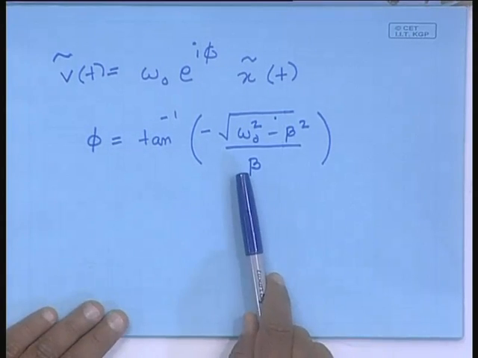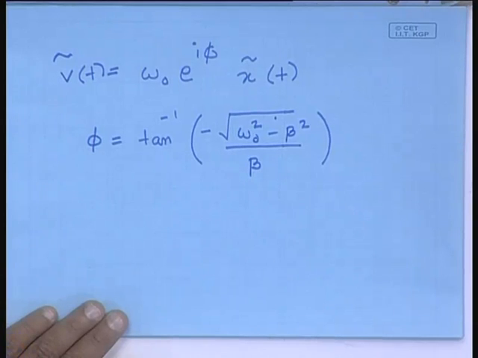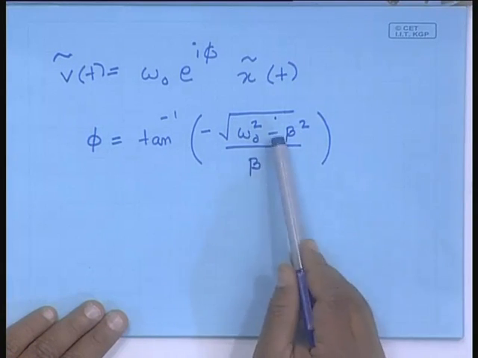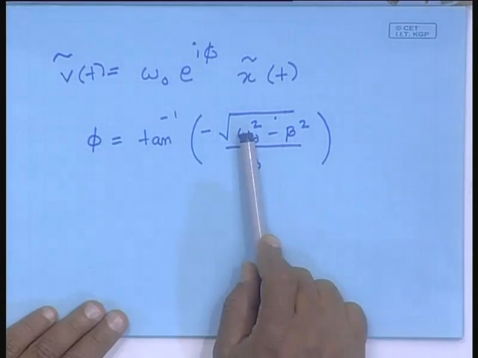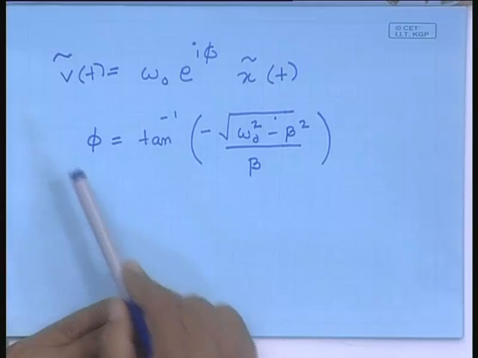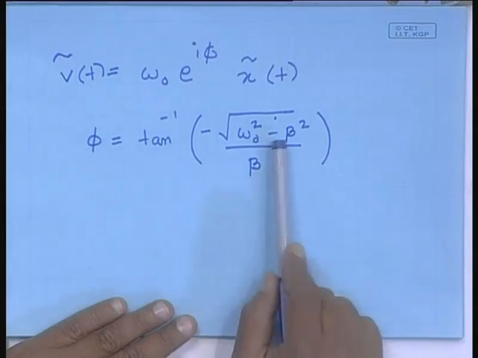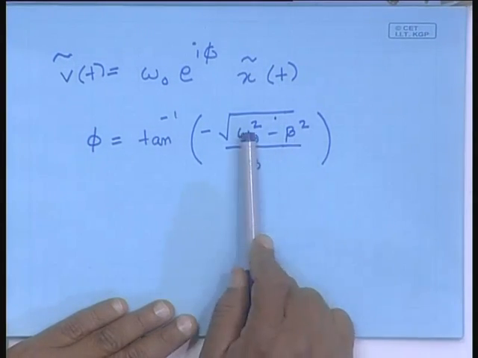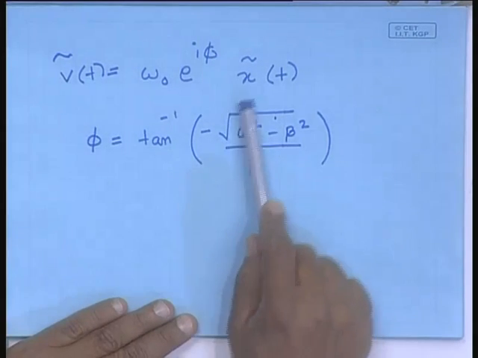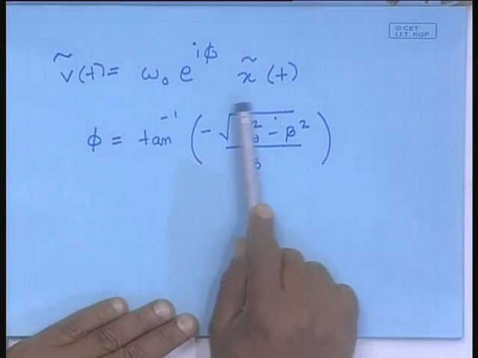Now, what happens when you increase beta? Beta can assume a maximum value of omega naught. Actually, beta equal to omega naught is the case of critical damping. You will not have oscillations and this expression will no longer be valid. But let us take the limit as beta approaches omega naught. As beta approaches omega naught, you find that this expression over here tends to 0.